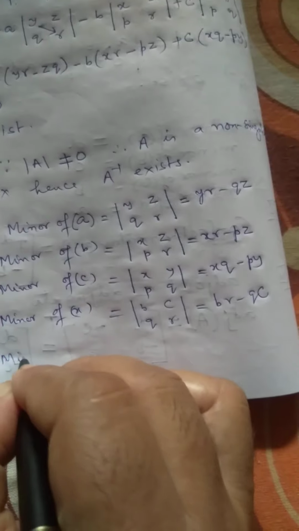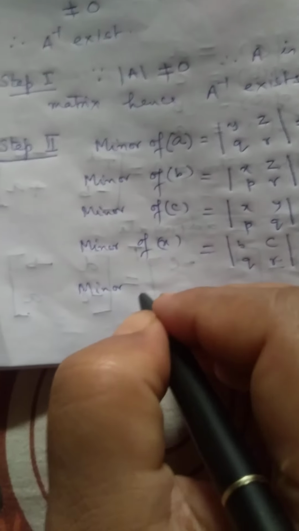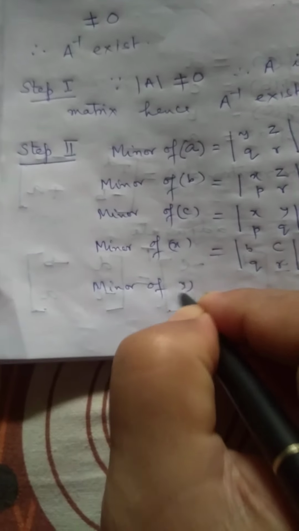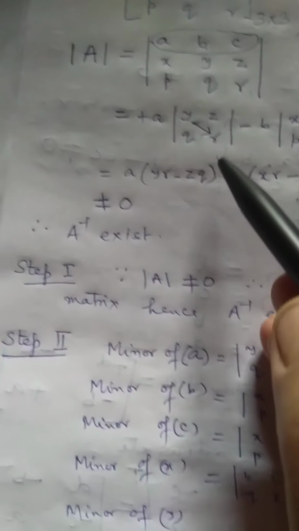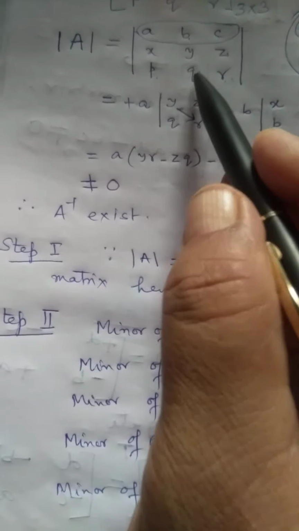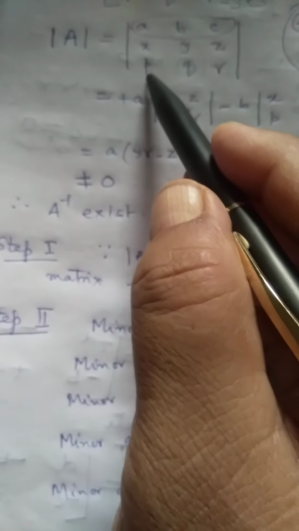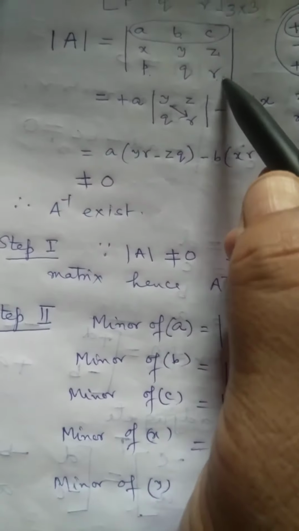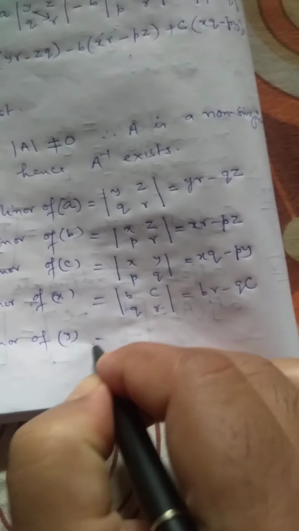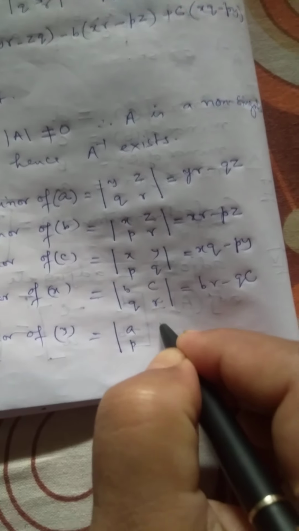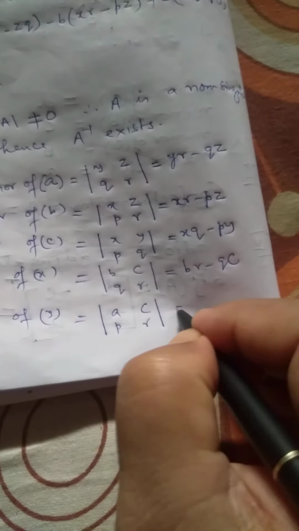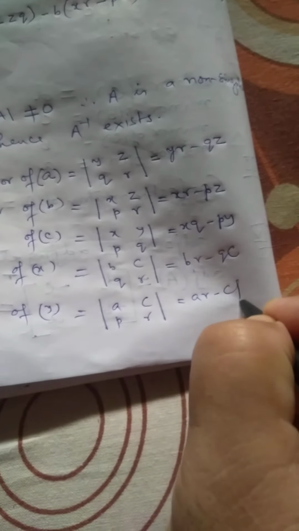Similarly, minor of Y: delete the row and column in which Y lies, and you will have a 2 cross 2 determinant A, P and then C, R. The expansion will be AR minus CP.